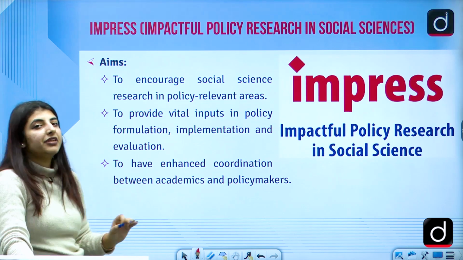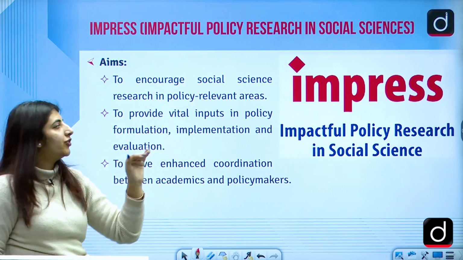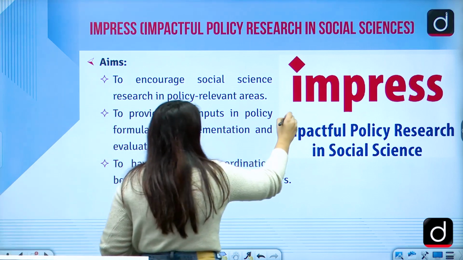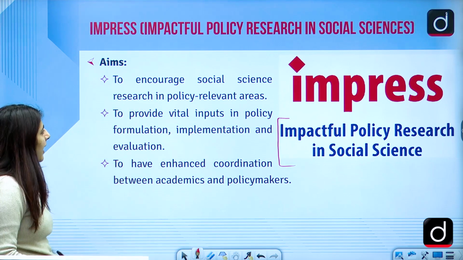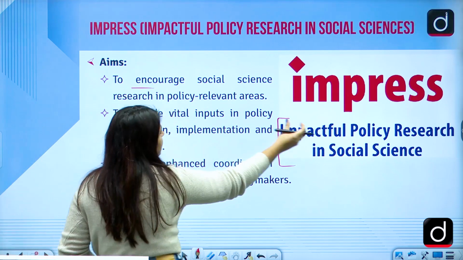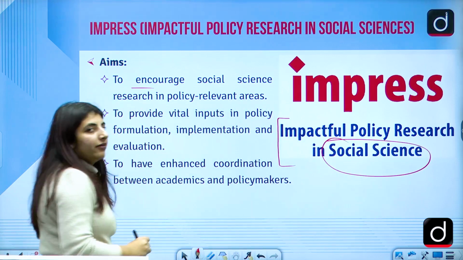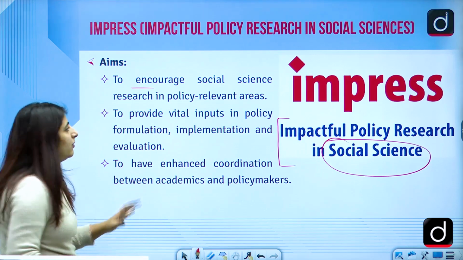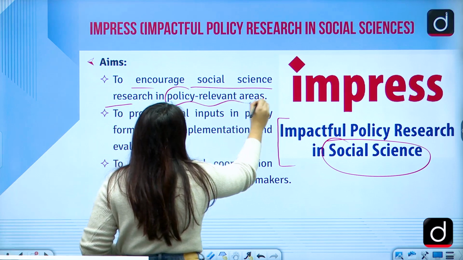Then we have the scheme Impress, Impactful Policy Research in Social Sciences. So first of all, jot down the full form of the scheme. It is used to encourage, as the name also suggests, social science research in policy relevant areas.